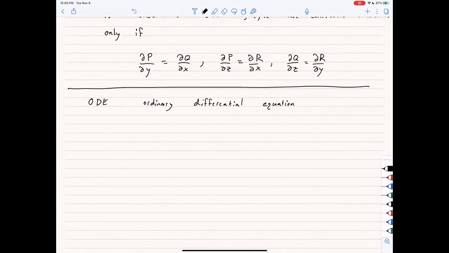But nearly all ODEs can be written as one matrix equation with a vector field. And it looks like this. This is a dot, usually, you can think of it as d dt.